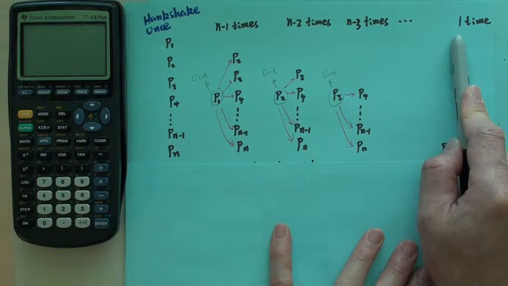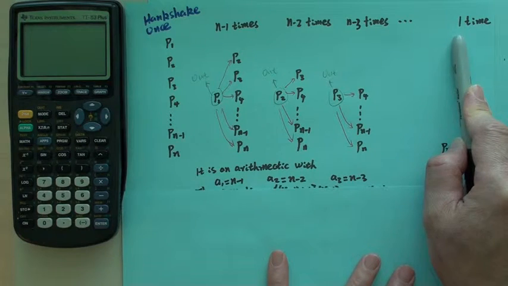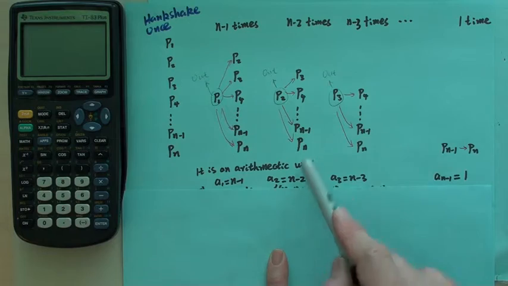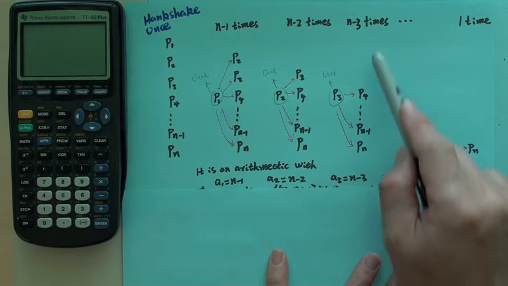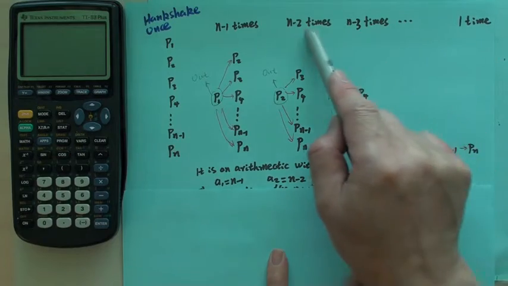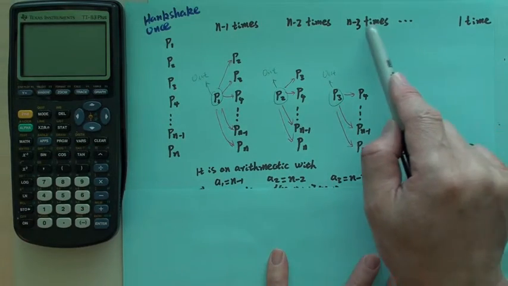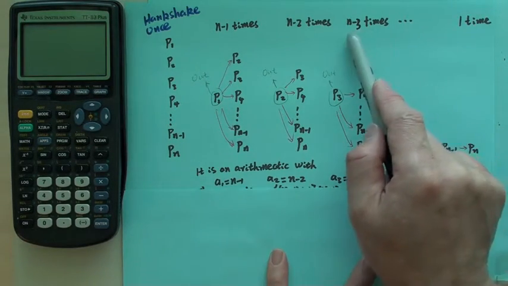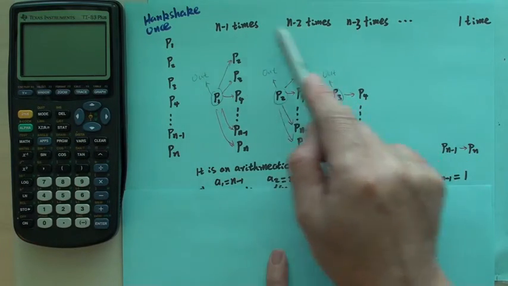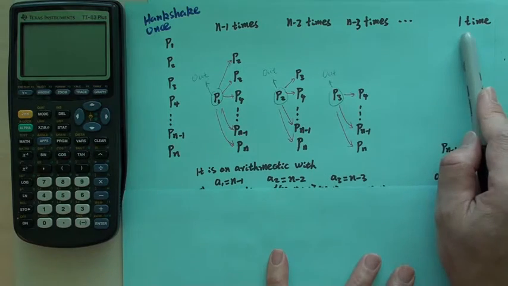For the arithmetic sequence here, the first one is this 10, second one is this 10, third one is this 10, the last one is this 10. How many tens? 1, 2, until n minus 3, n minus 2, n minus 1. So n minus 1 tens.